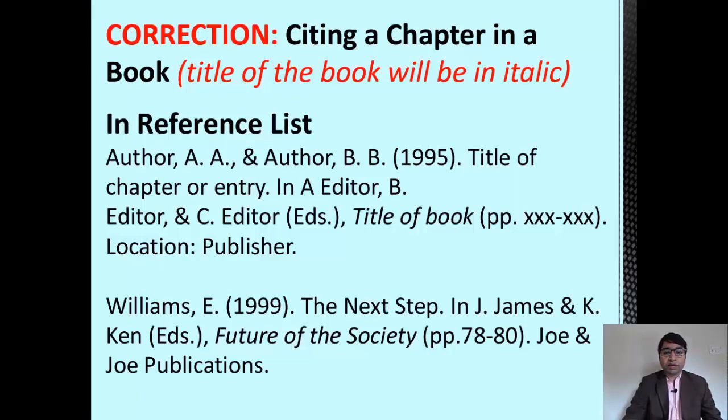Then you write the name of the editors, and when you're writing the name of the editors, it goes in reverse order. Normally it is last name first and then initials of the first name or names. But for editors, the initials of the first names will come first and then the last name. And then when you're writing the title of the book, it will go in italics.